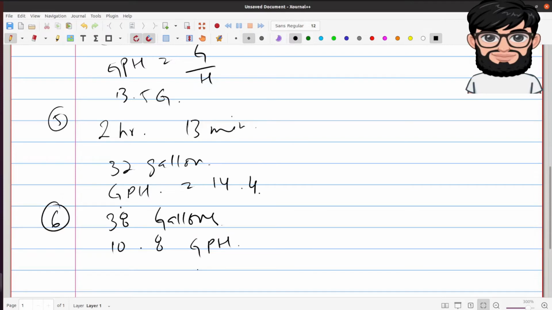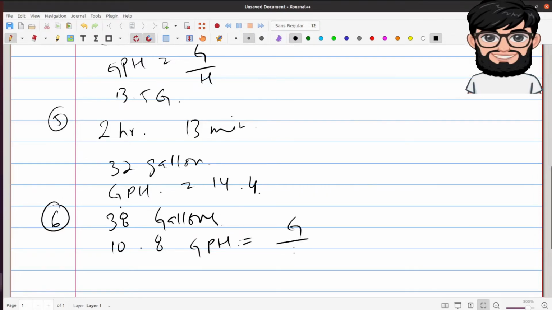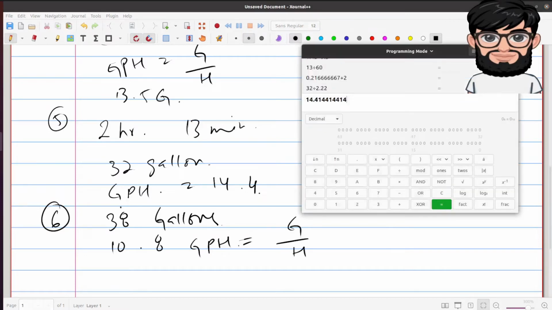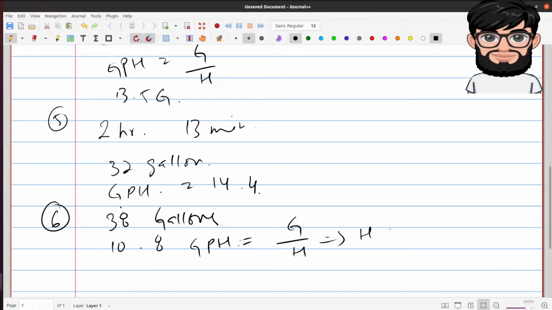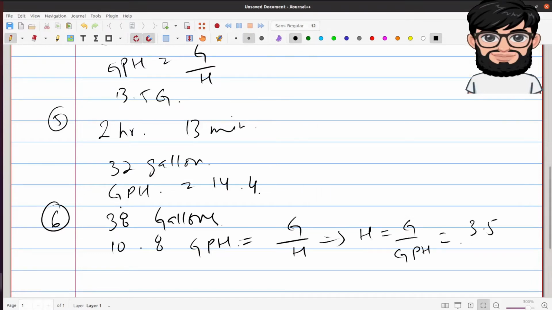So we're just going to be dividing 38 by 10.8, and the hours are going to be 3.5, which means 3 hours and 30 minutes, or 31 minutes.